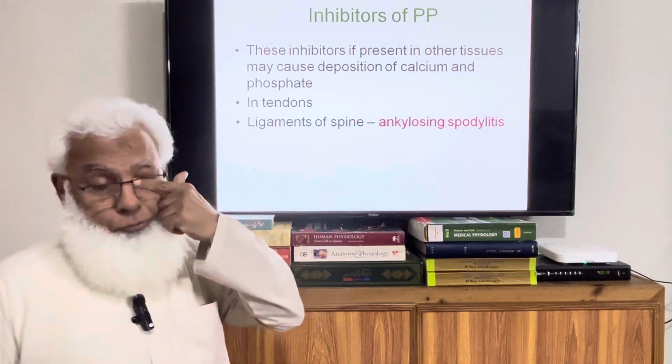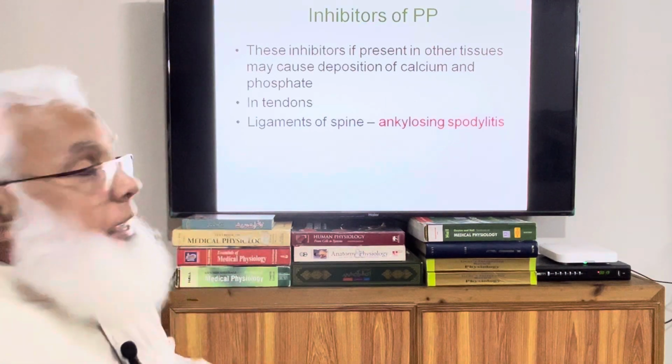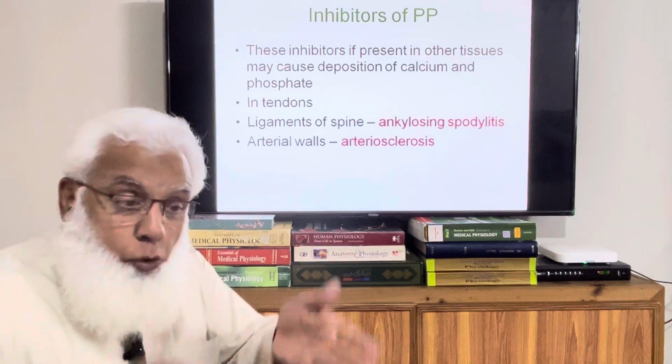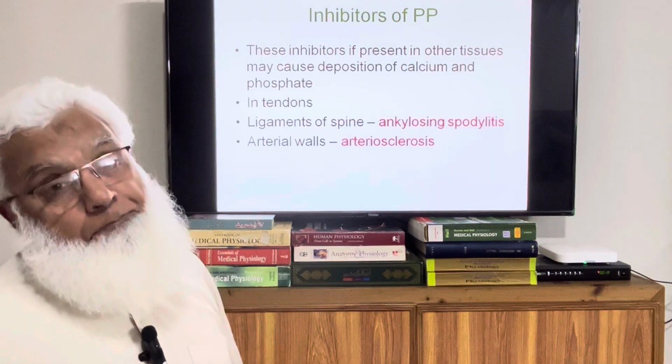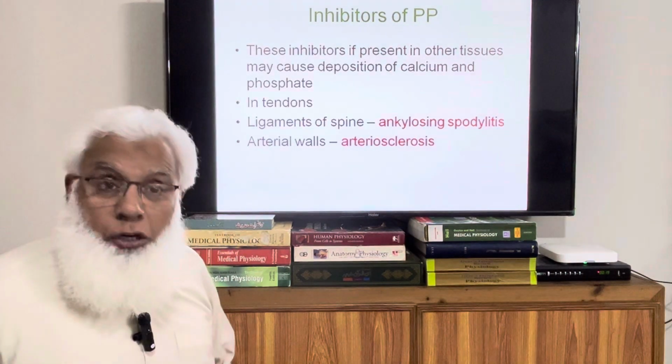You must have heard the name of this disease. There is precipitation in these ligaments of the spine, and if it is deposited in the arterial wall, bony tubes are formed. That is what we call arteriosclerosis.